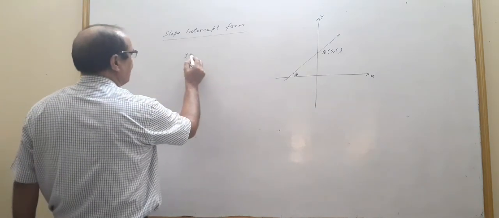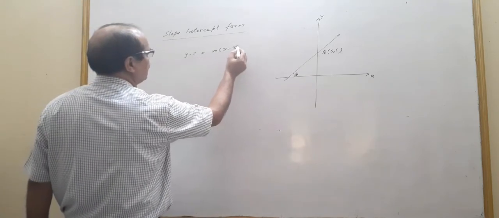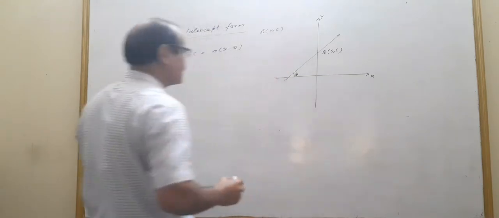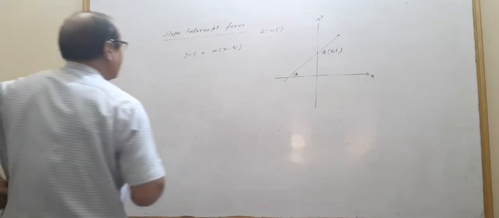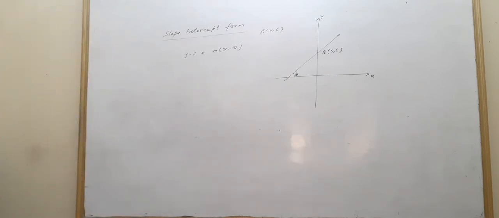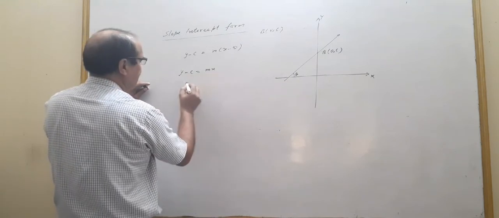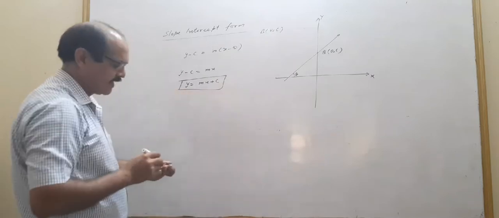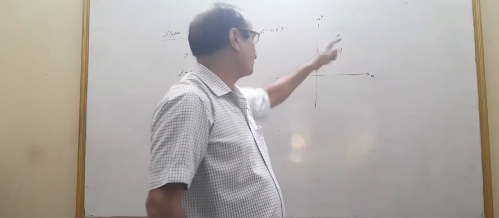That is y minus y1 is equal to m times (x minus x1), because the coordinates of the point where the line is passing are (0, C), and (x, y) are the coordinates of any arbitrary point on the line. Therefore the equation becomes y minus c is equal to mx, so y can be written as mx plus c, where m is the slope of the line and c is the intercept made by the line on the y-axis.